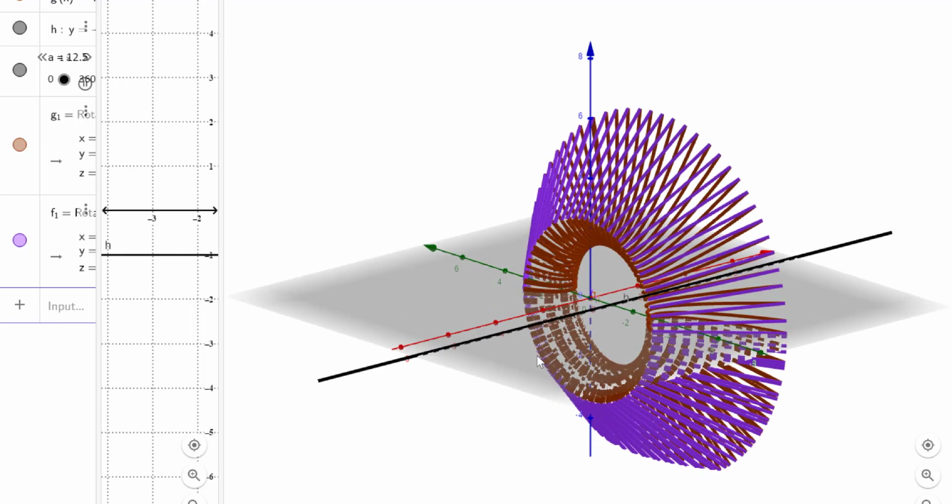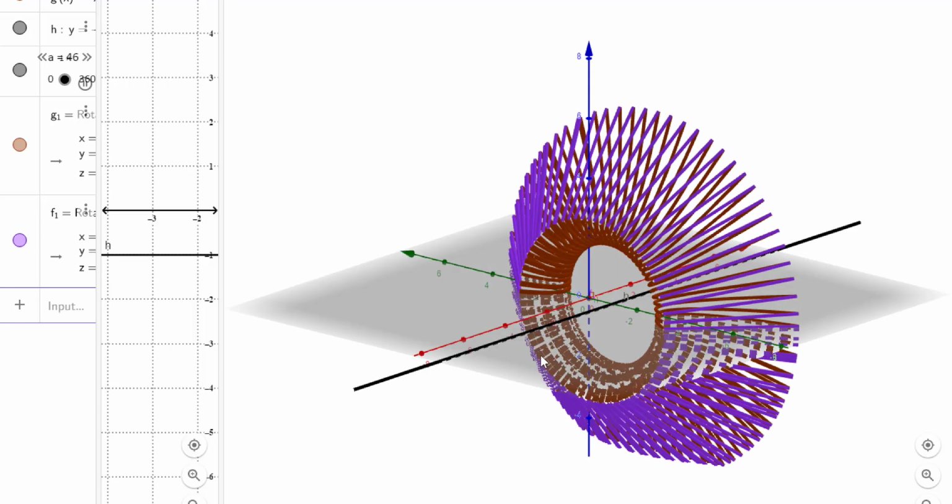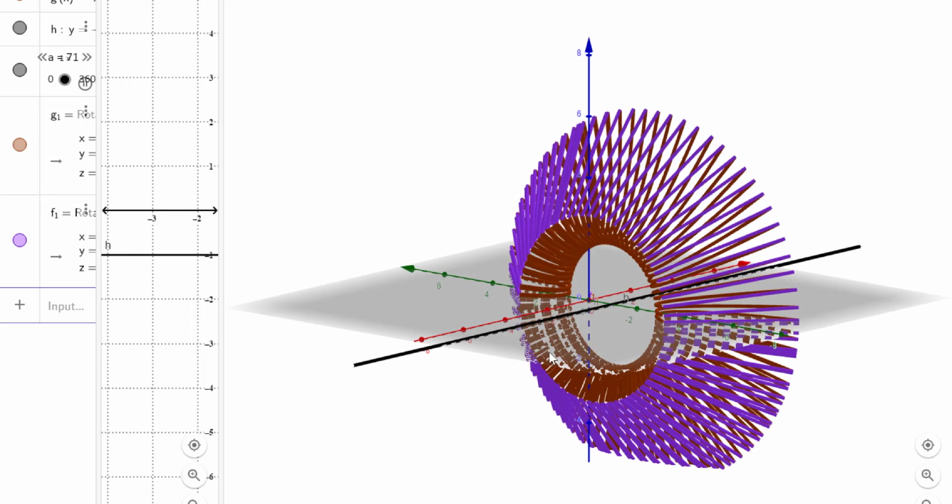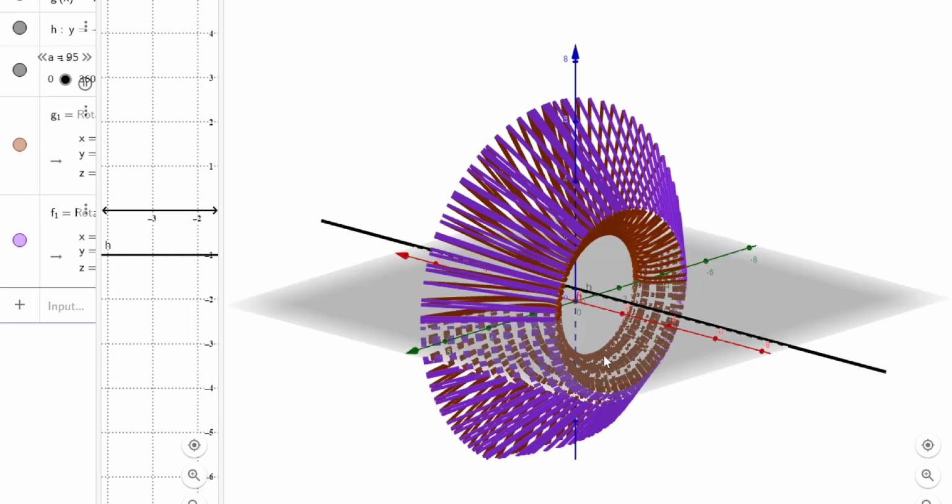And so what we get is a washer that's going to be in between, where its inner radius is going to be the distance of this curve plus 1, and then the distance of the outer curve plus an additional 1.